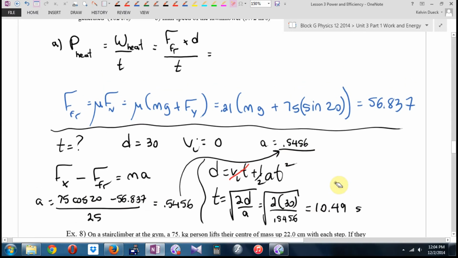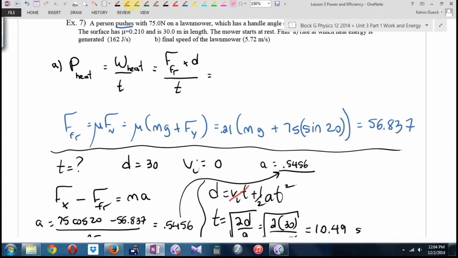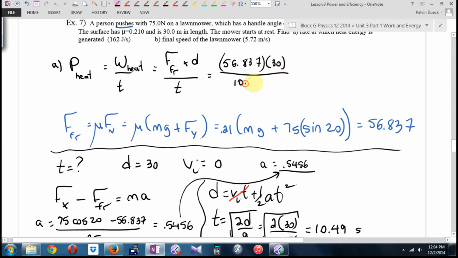And after all that, finally, we can say, holy smokes, the amount of power is going to be 56.837. There's the force of friction, times the distance, which was 30, divided by the time, which was 10.49. How many watts did we lose to heat?